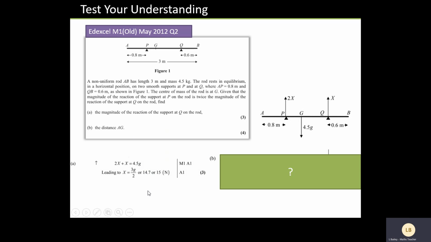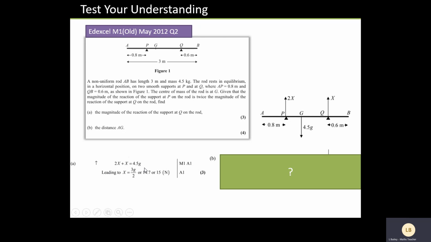Okay, so the way that they've done this first one, the magnitude of the reaction force of the support at Q on the rod. Again, your tools are, you can resolve vertically, resolve horizontally, or you can take moments about some point on the beam. Here, they've resolved vertically. Your forces going up are your 2x plus your x.